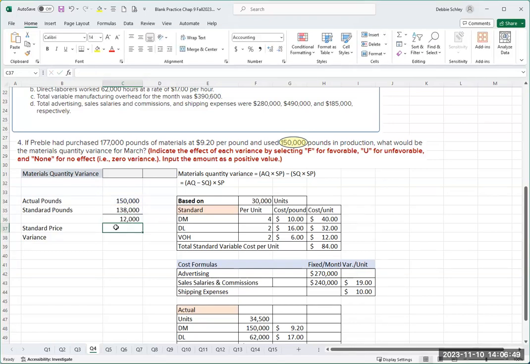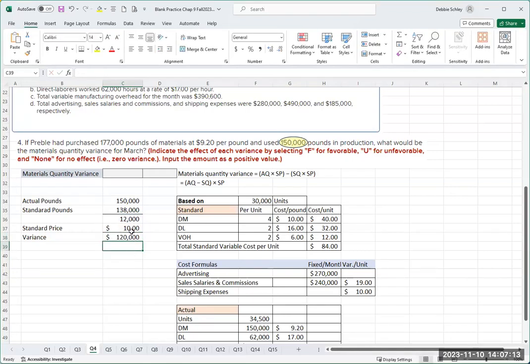Oh, yeah, that's right. Huh, that's funny. Materials quantity variance and materials price variance are the same. So equals the standard price and equals 12,000 times the 10.